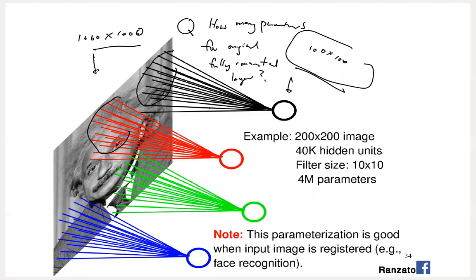Yes, you just multiply them together, right? That gives the number of parameters. Now, as I mentioned, I don't need each neuron to connect to every pixel in this image. Maybe I can reduce the receptive field to just 10 by 10. This is question two.